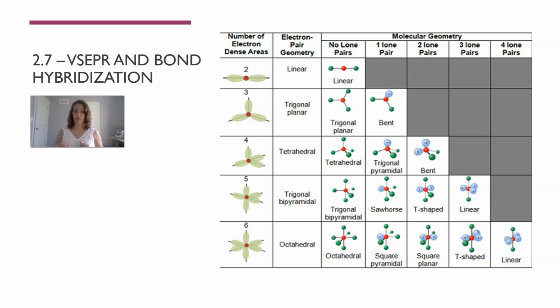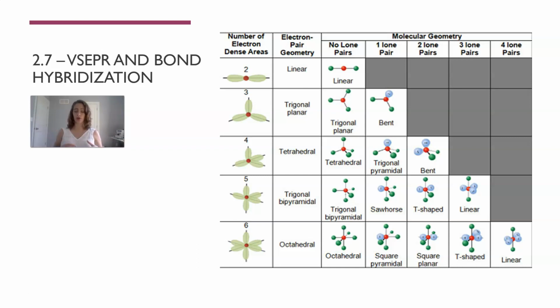It's trigonal pyramidal if it's 3 atoms and 1 lone pair of electrons. And it's also bent if it's 2 atoms and 2 lone pairs. So you can get the bent shape 2 ways. Either way, if there's 2 atoms connected to the center with either 2 or 1 lone pairs of electrons, it's going to be bent.